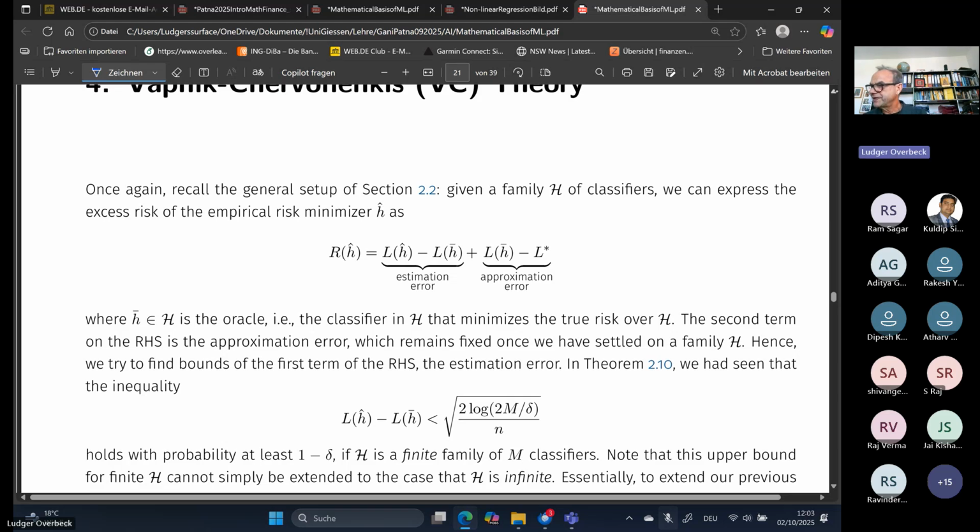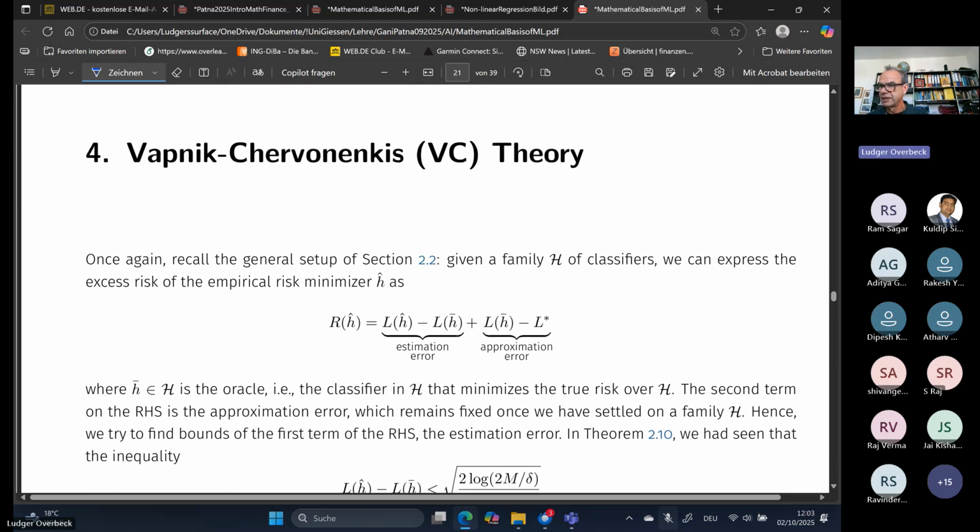So now comes this VC theory, which you might have heard of in the context of machine learning and artificial intelligence. This actually gives you M. Before, we had this M, the number of classifiers we want to optimize over.